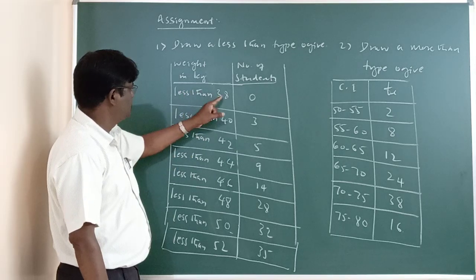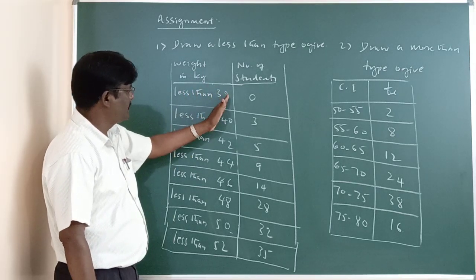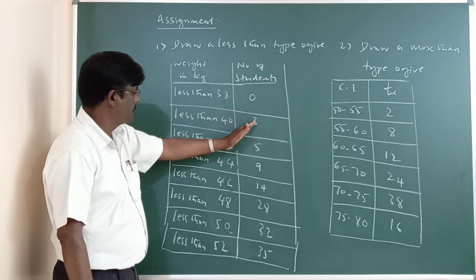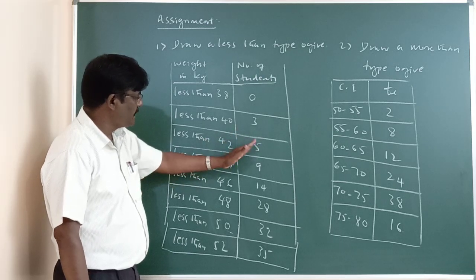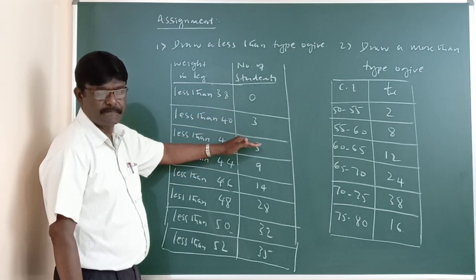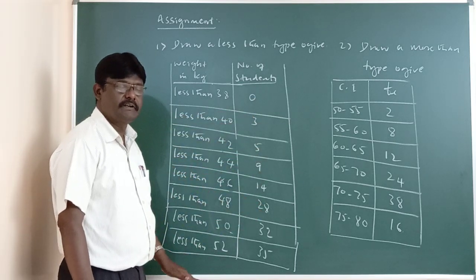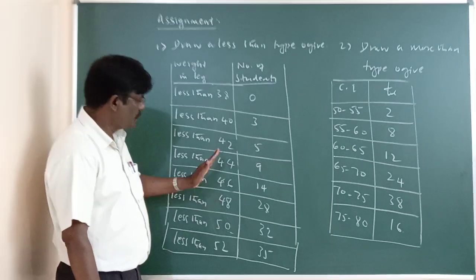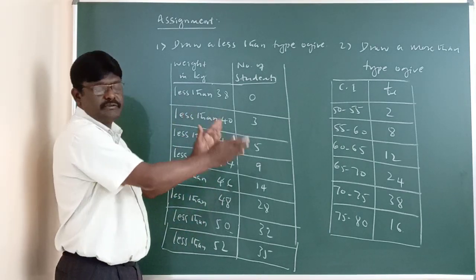So less than 38 kg, 0; less than 40, 3; less than 42, 5. Less than 42, 5 means it includes all of these. So very clearly, they represent cumulative frequencies.